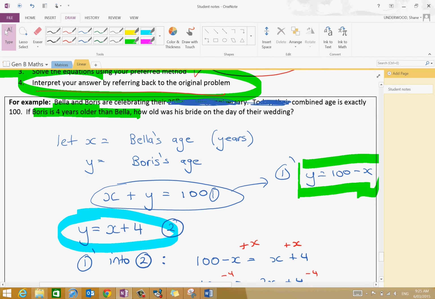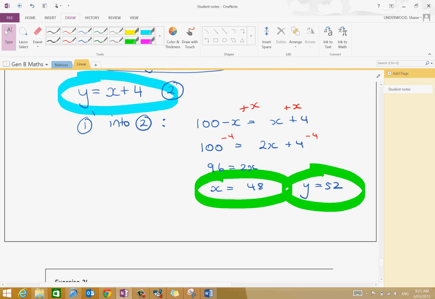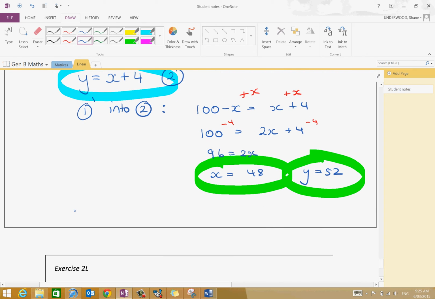How old was his bride on the day of the wedding? Yes, okay. So what we can say is that Bella is 48, yes? And I didn't read the question, did I? Thank you, girls. And Boris is 52.